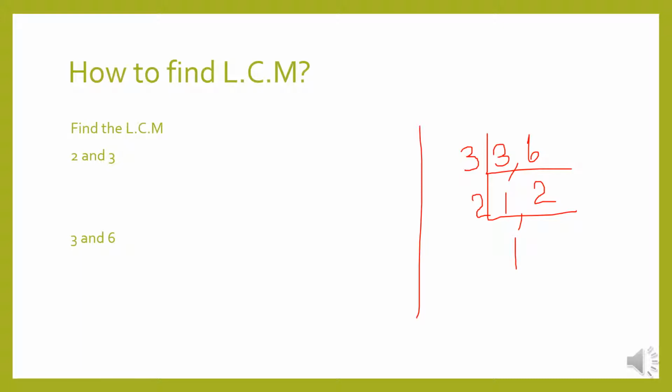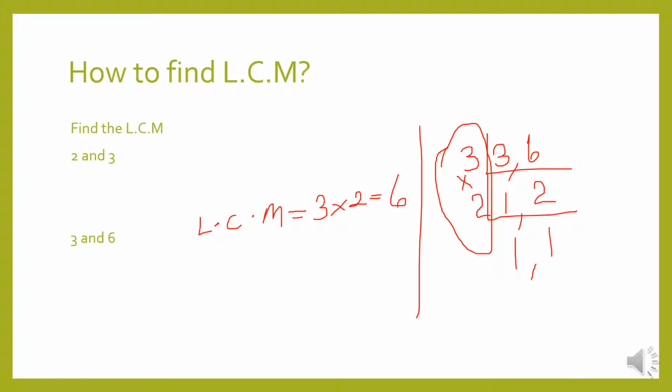Now I'm going to say 2 into 2 is 1. Alright, and as long as we get to 1, we have to multiply the numbers on the outside, okay, to get the LCM. So we can write down that the LCM, the lowest common multiple of 3 and 6 is, we have to multiply the numbers we got on the outside. 3 2s are 6. Okay, so that's the second method.